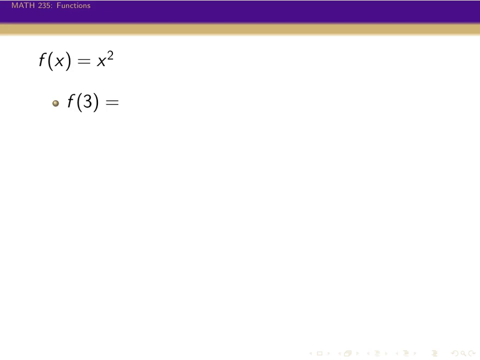So if we plug 3 into the function, 3 goes into x, and we square it, and what do we end up with? 9. Similarly, if we plug in minus 2, out of the function is what we get when we square minus 2, and minus 2 times minus 2 is 4.